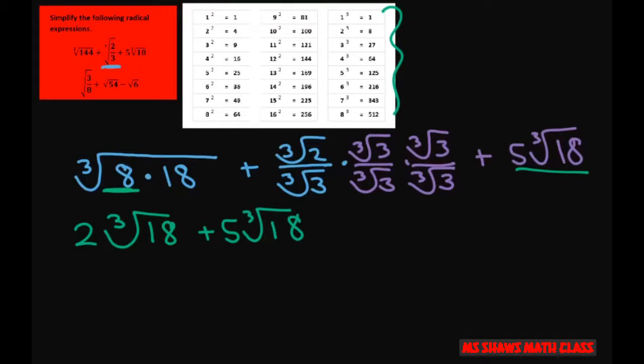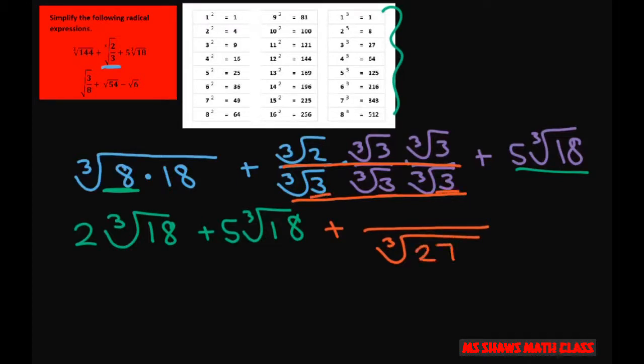And now we're going to deal with this. So you have plus, now if you multiply all these out, you have the cube root of 3 times 3 times 3, which is 27. Cube root of 27 is 3. And then the numerator is going to be cube root of 2 times 3 times 3, which is 18.